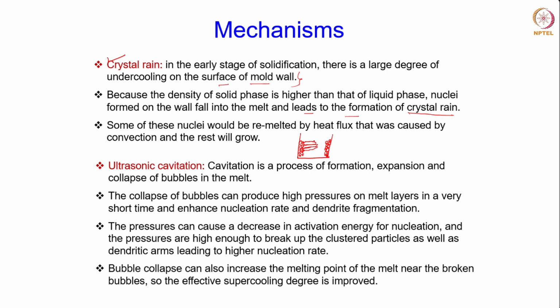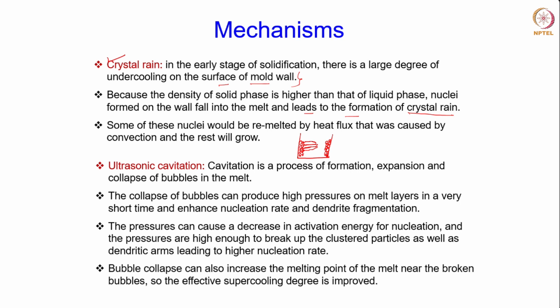Okay, as a lot of these are falling into the liquid, that is why this phenomenon is known as crystal rain. So that will lead to creation of suspended solid in the melt and increase the number of nuclei and hence lead to an increase in the nucleation rate.